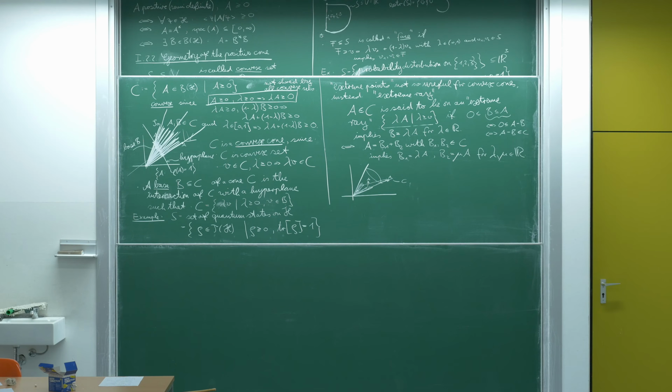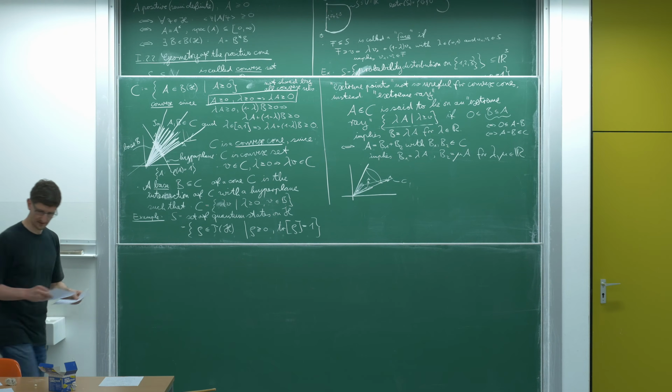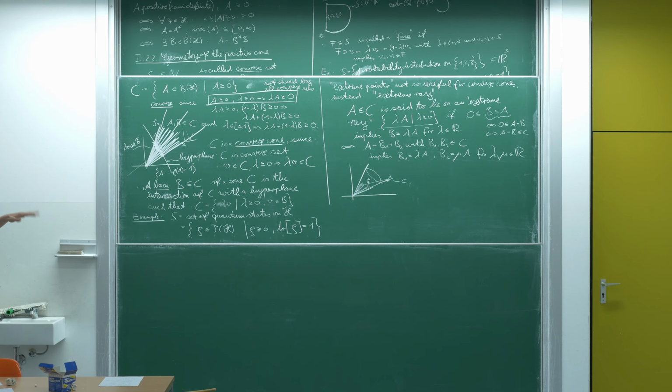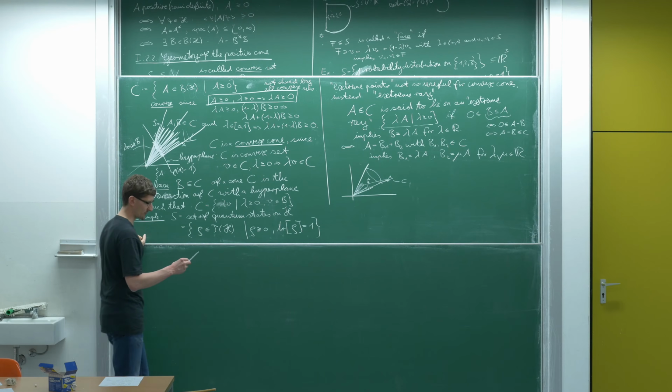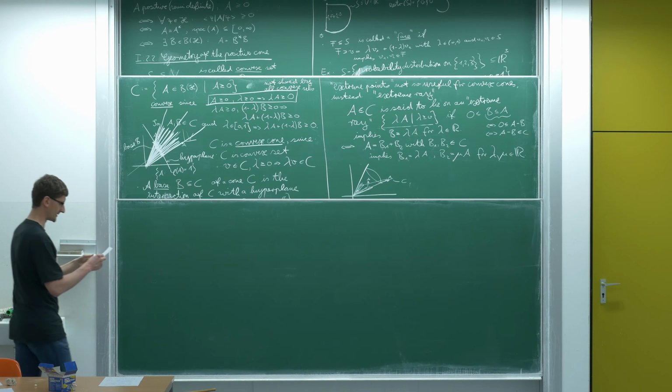So maybe now we are switching to looking at what are the extreme points of sets that are important in quantum mechanics. So there's a bunch of examples following up on these definitions with more concrete material.